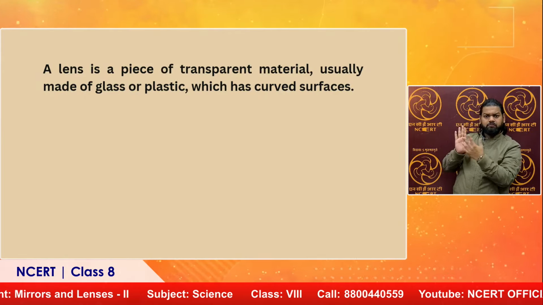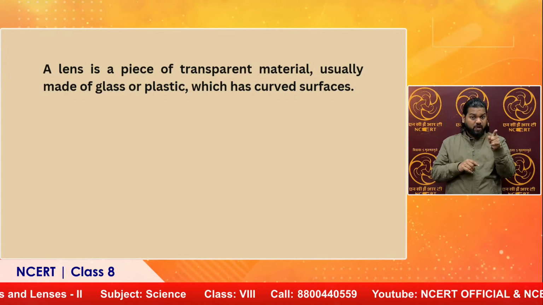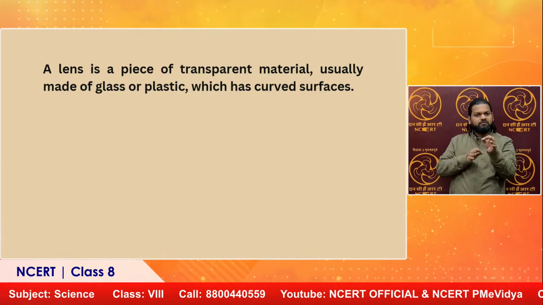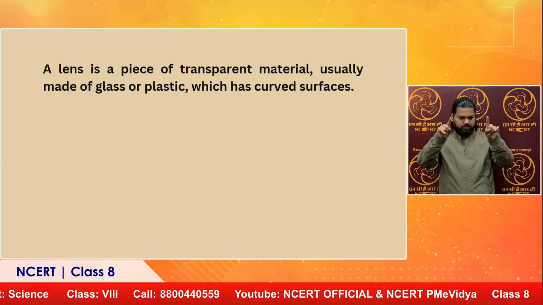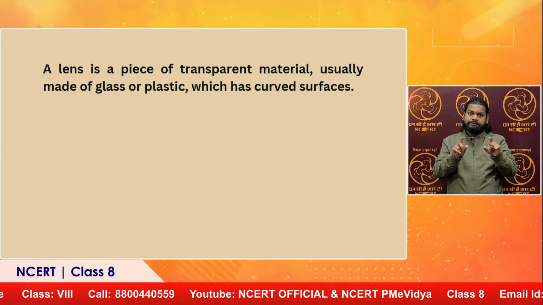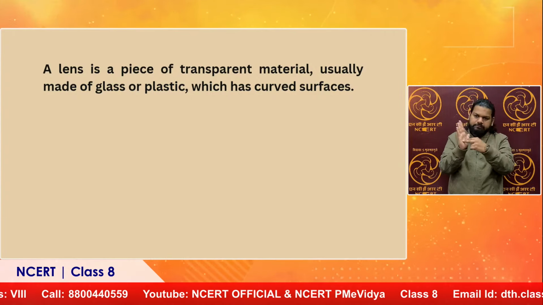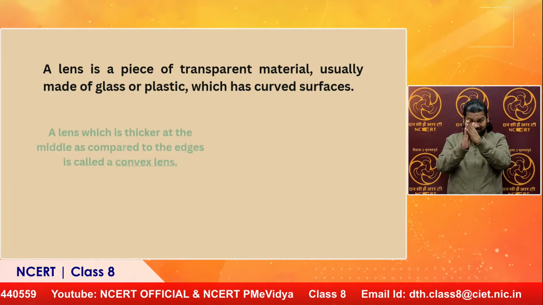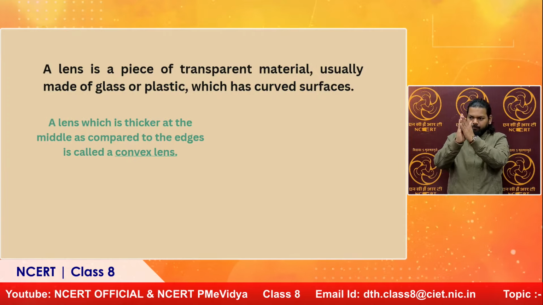Your glasses have some sort of lens present in them and we can see through and through. So that's how we define lenses, that it is a piece of transparent material, either made up of glass or plastic, and they have got curved surfaces. So we'll talk about these lenses also.